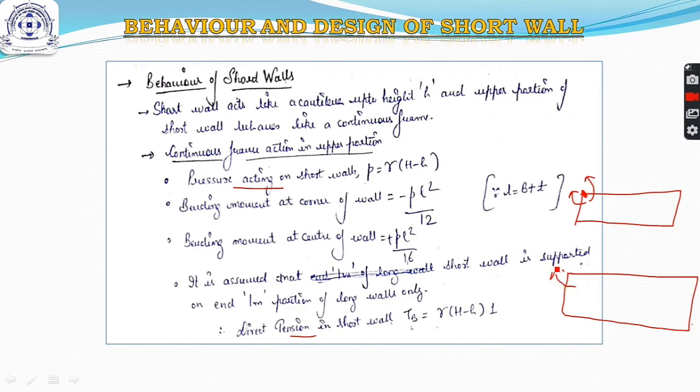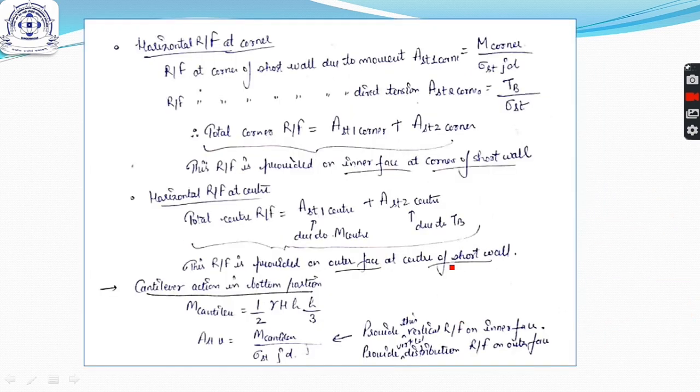Therefore the corner moment and the central moment are calculated, and the direct tension is calculated in the short wall, and the reinforcements due to the corner moment, center moment and direct tension are calculated and combined together to get the horizontal reinforcement at the center and at the corner. So we get this horizontal reinforcement at the inner face at the corner and on the outer face at the center. This is the same phenomenon as in the previous case.